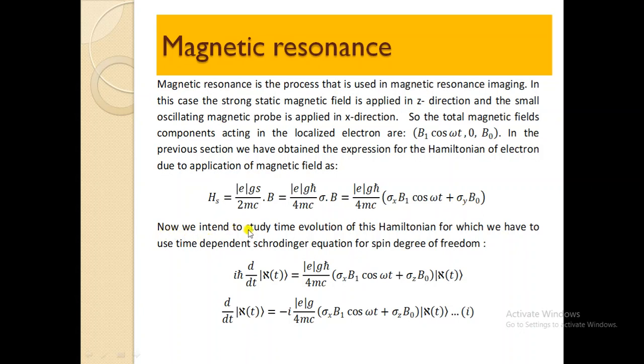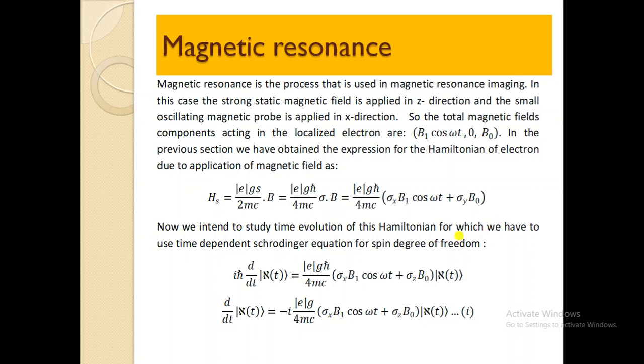Okay, now we intend to study the time evolution of this Hamiltonian. We have to find the state vector, so that we can determine the condition of magnetic resonance and spin flipping.